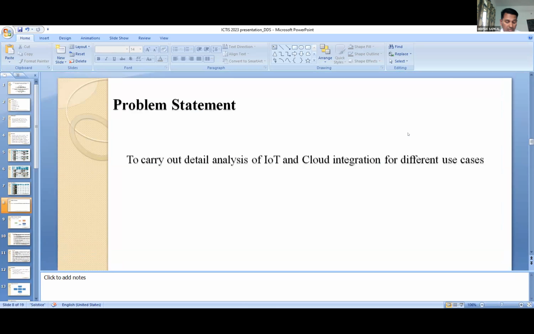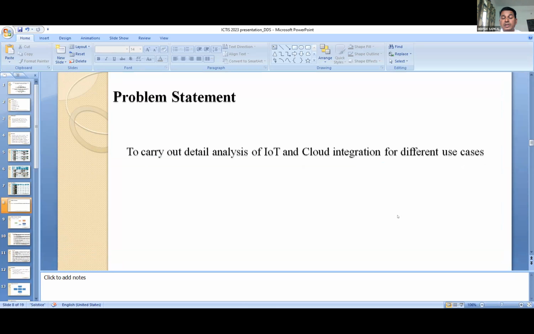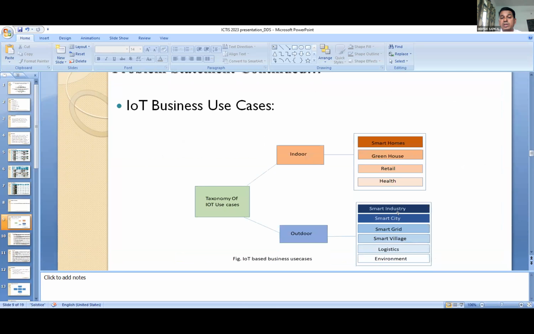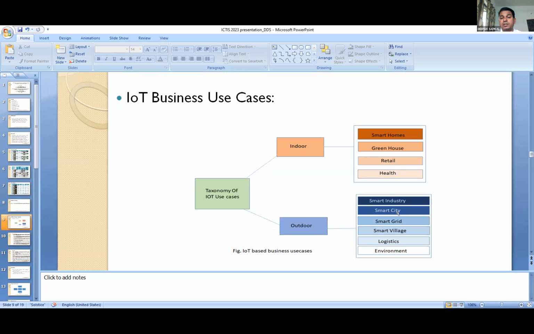First of all, need to consider the different use cases, in-house, indoor, outdoor, basically. So by studying those things, like this is mentioned in this taxonomy, IoT business use cases, there are certain indoor applications and certain outdoor applications.